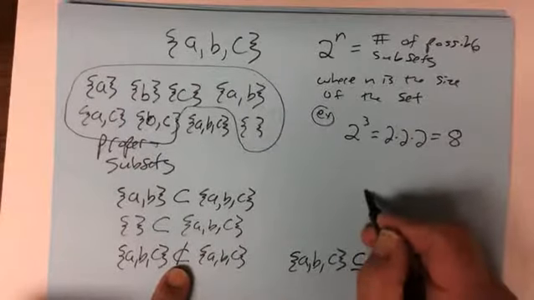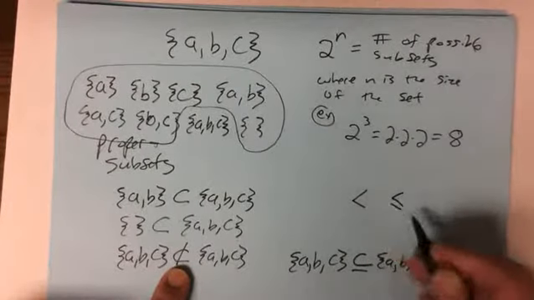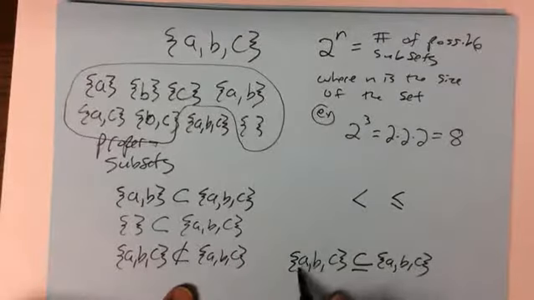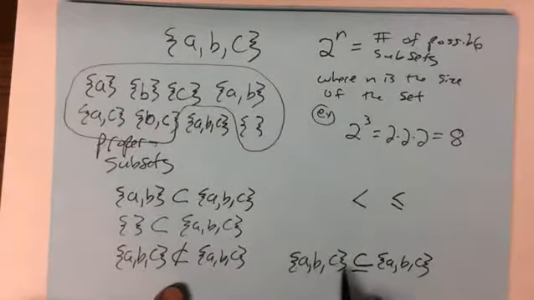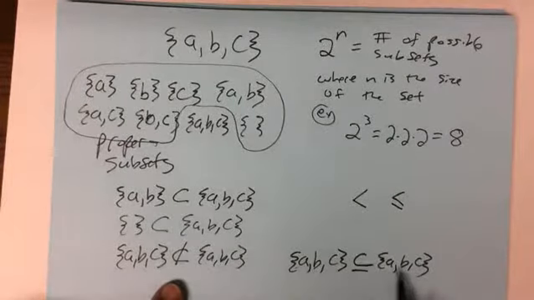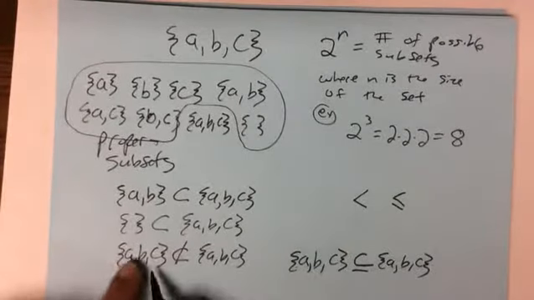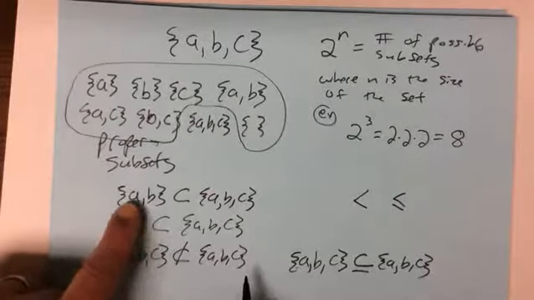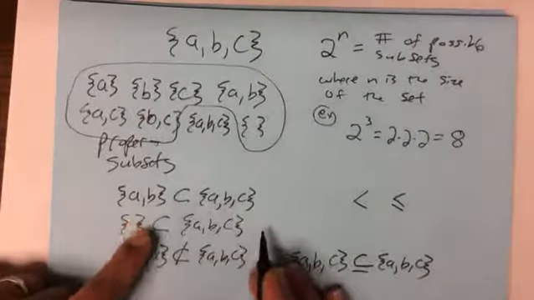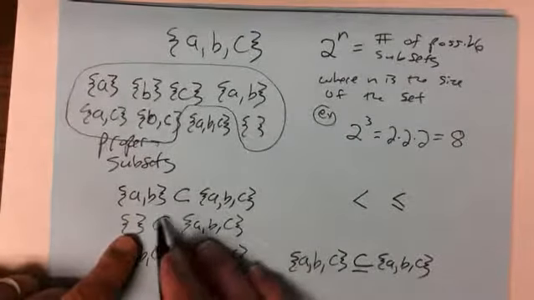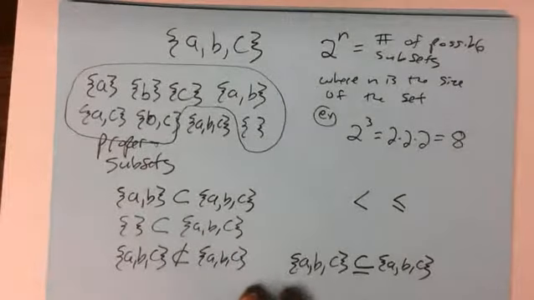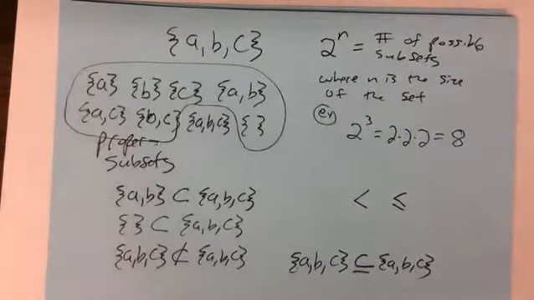This is like less than or equal to. Okay? And what you have here is that ABC is less than or equal to ABC, but ABC is not strictly less than ABC. But AB is strictly less than ABC. The empty set is strictly less than ABC. Okay, so that's kind of how that symbol is used.